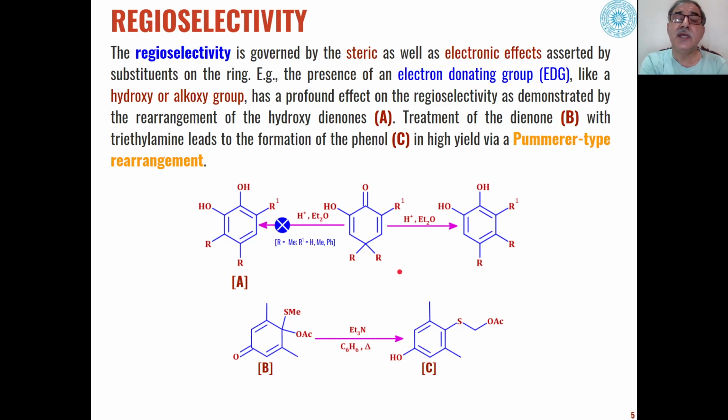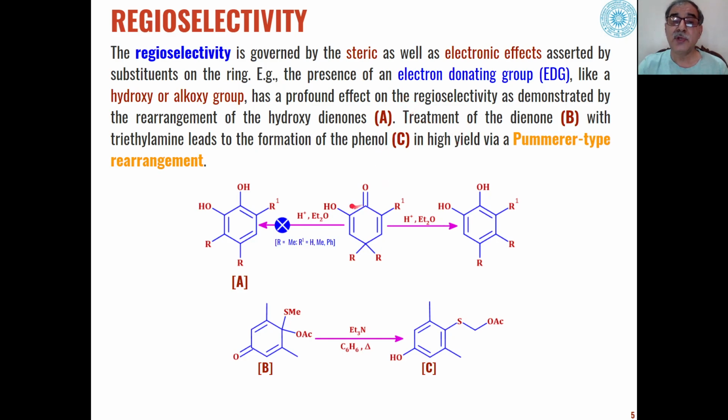Then this dienone phenol rearrangement is very regioselective in nature. Regioselective means the reaction is preferably taking place at a particular region of the substrate molecule. So this regioselectivity is governed by steric as well as electronic factors, which will determine which group will migrate and where that migration will go.